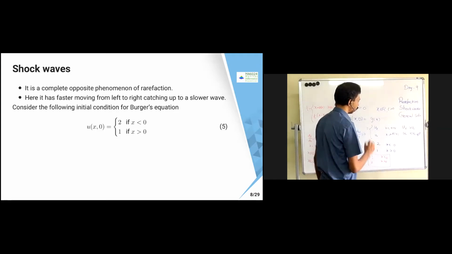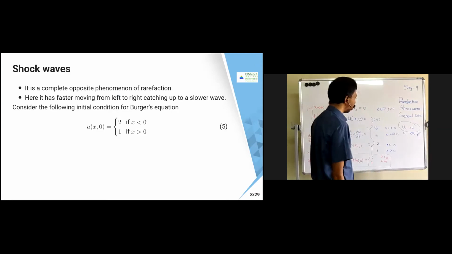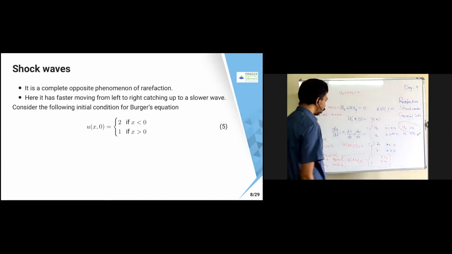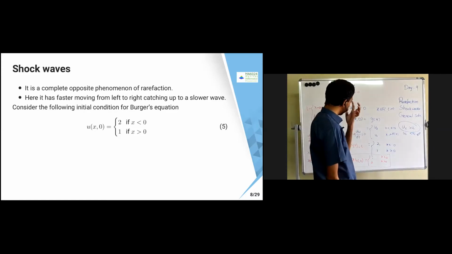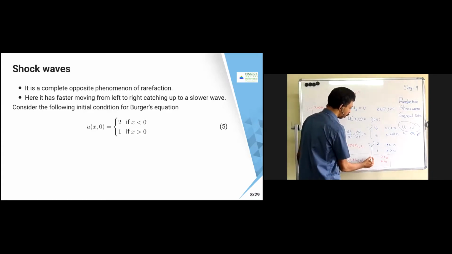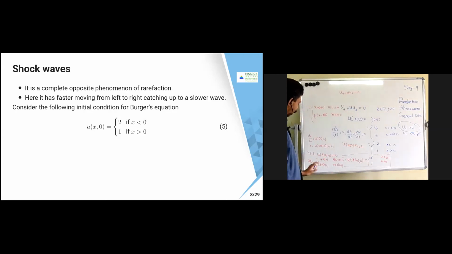That means UL is greater than UR, where x is less than 0 on the left and x greater than 0 on the right. So in this case, again, the same kind of things will come. This is going to become 2, and this is going to become 1.